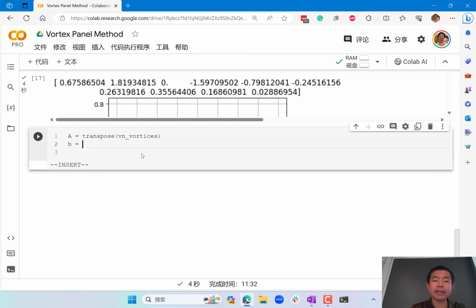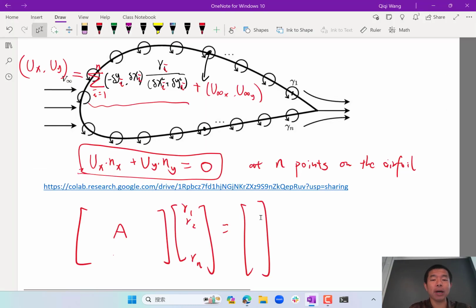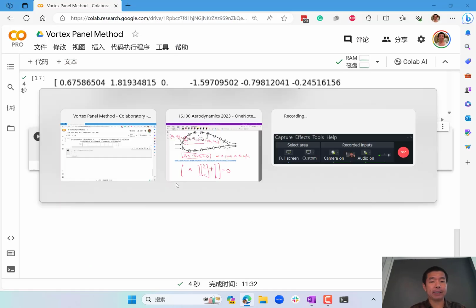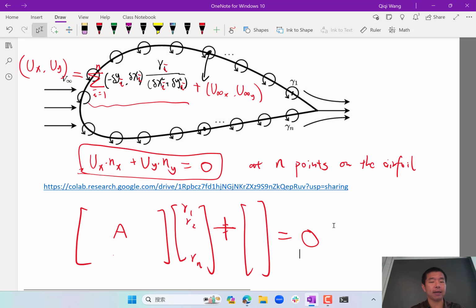And my right-hand side is basically this plus this equal to 0. And what is this? That's the free stream contribution, the normal velocity of the free stream. That means I need to move it to the right-hand side and put in a minus sign.